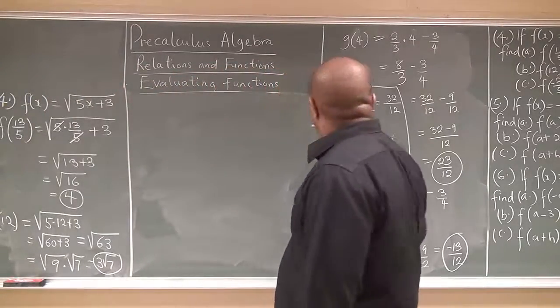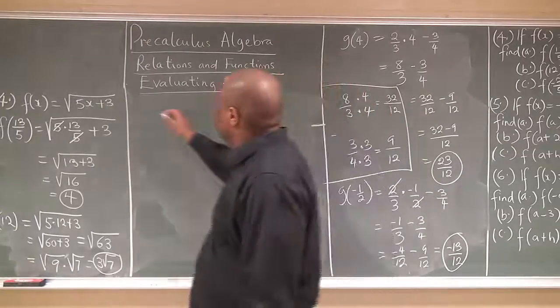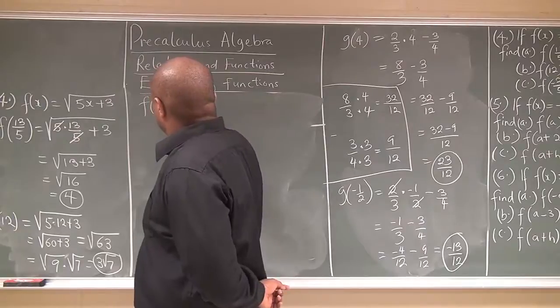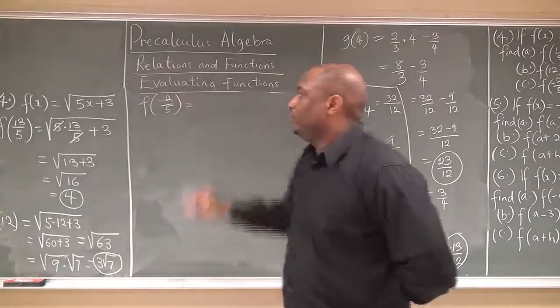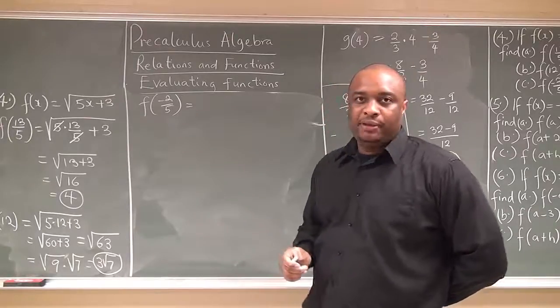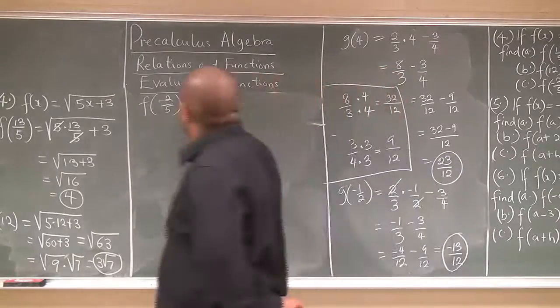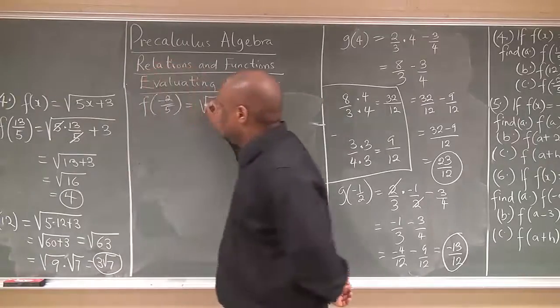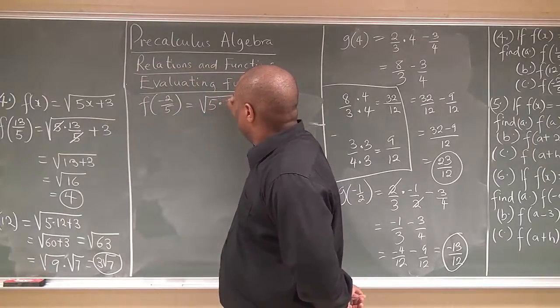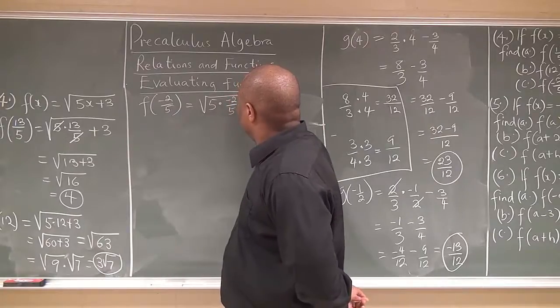Then the next one, f of negative 2/5, still on this function. F of negative 2/5 will be, whenever we see x, we replace with negative 2/5. So this will be square root of 5 times negative 2/5 plus 3.